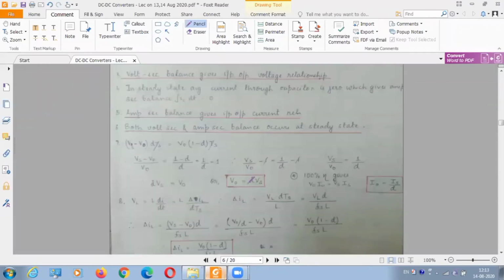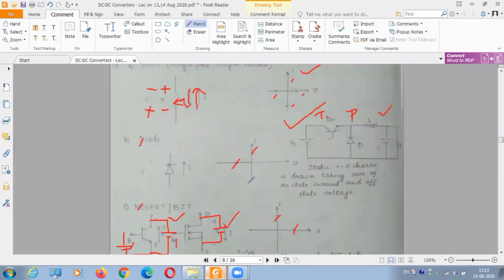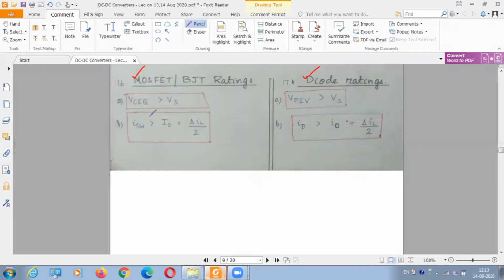Vs. So you should take a MOSFET or BJT with ratings greater than Vs. Suppose it is 12 volt, you take a MOSFET around 14 or 15 volt so that it can handle excess power. So your PIV, peak inverse voltage, or your collector emitter voltage should be greater than or equal to Vs, but don't take equal to Vs, because if there is some problem in the circuit, then it may burn. So take a little bit more than Vs.